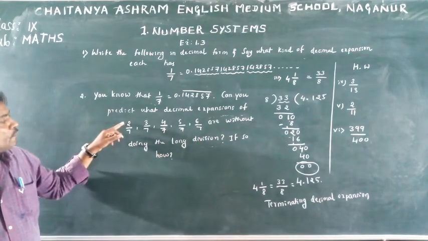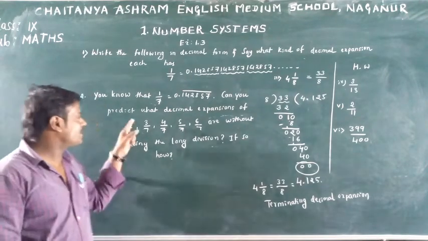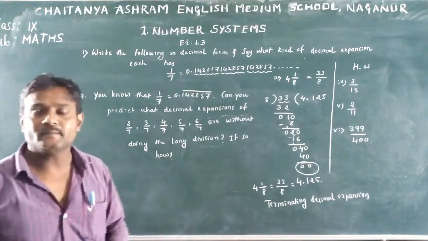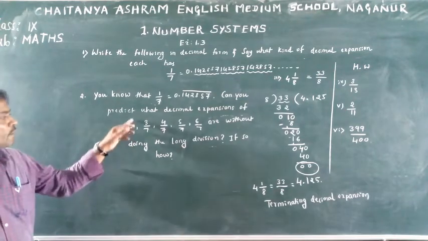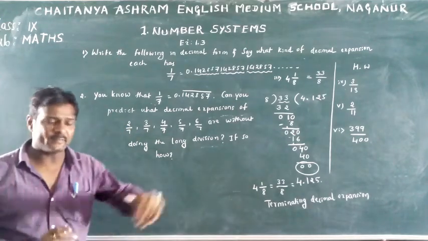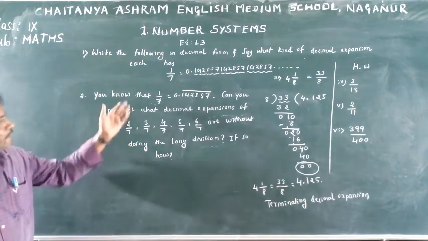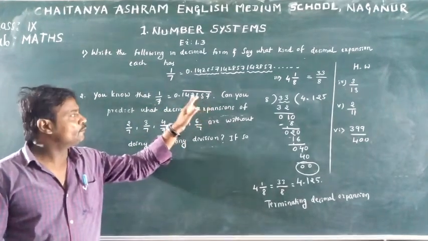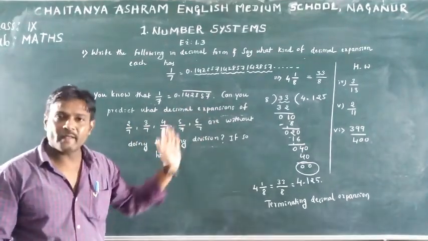Is it possible or not, without dividing the numerator by the denominator, to tell its decimal expansion? Yes, it is possible. Here they have given 1 by 7 and its decimal expansion. Through this we can find the decimal expansion of these without doing actual division.